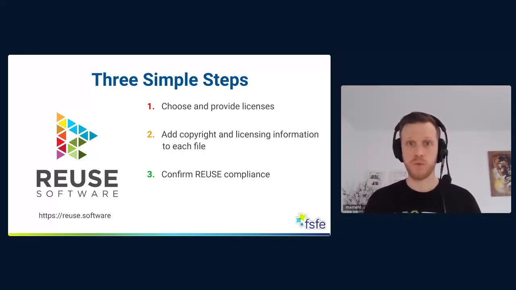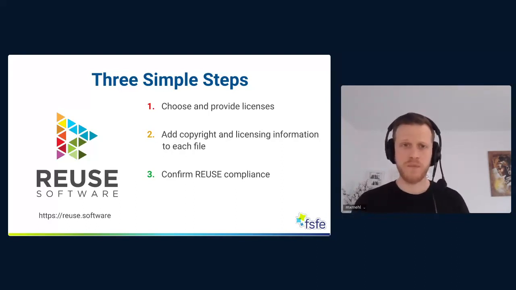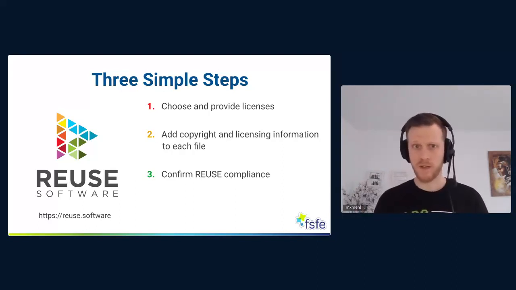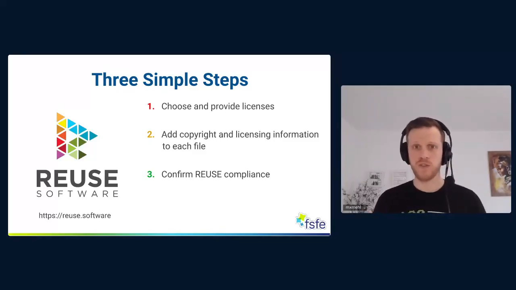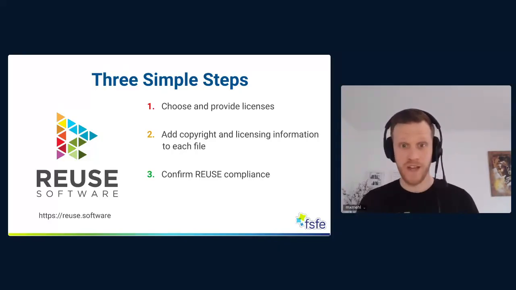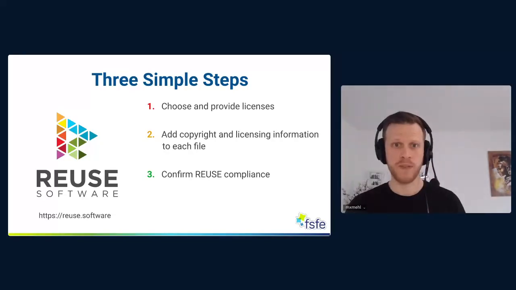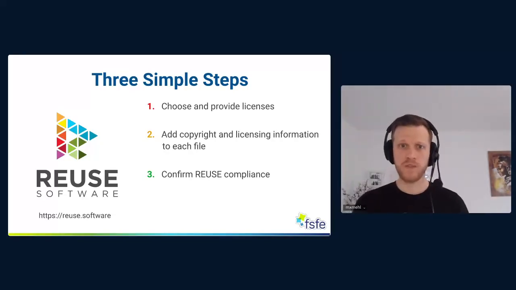We will see later how to do this. The second step is probably the most complicated and work intensive, which is to add copyright and licensing information to each file in the repository. And the third step again is quite simple. You are asked to confirm reuse compliance. Now, we'll look a little bit into these 3 steps.